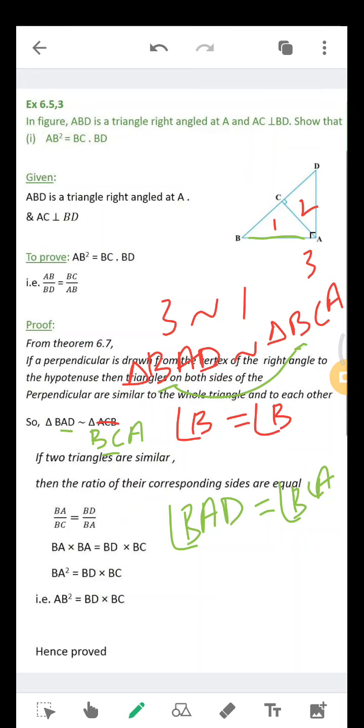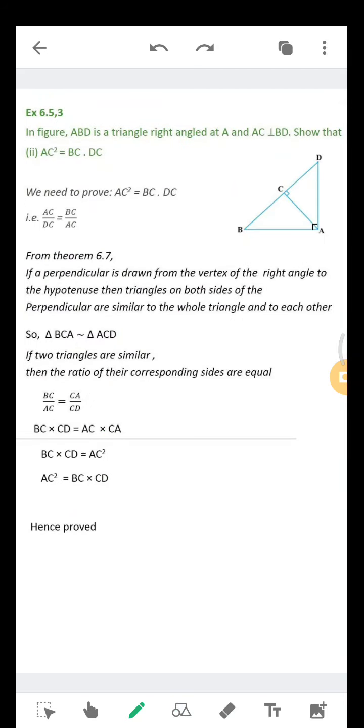Then A is the right angle here and C is the right angle here, so they are coming in second positions. So you have to name the triangles correctly, then only you get the correct ratio. If the triangles are named in the wrong way, you get the wrong ratio and you will not get your result.